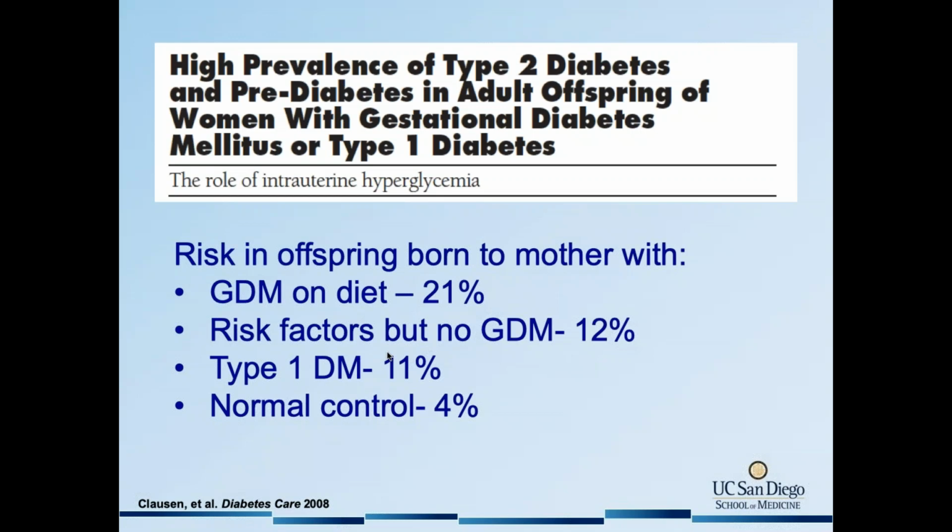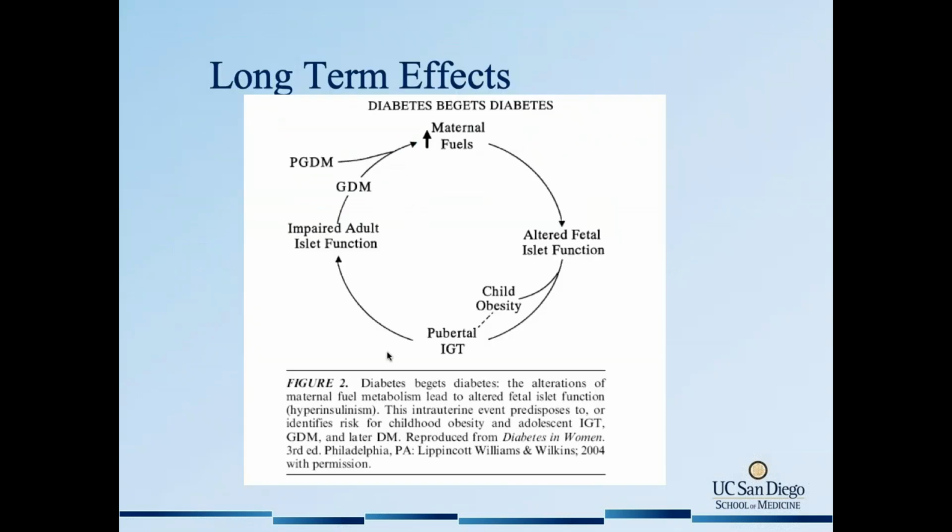But if you had risk factors but no GDM, meaning that you might be obese and have maybe one abnormal value on your GTT, your children still had a higher rate of having type 2 diabetes later in life, about 12%.